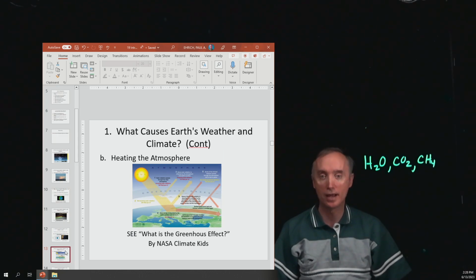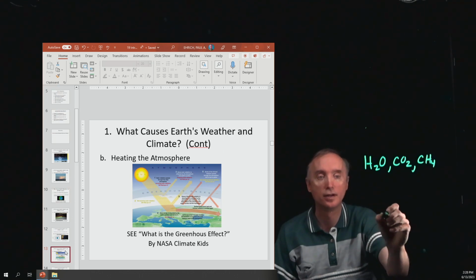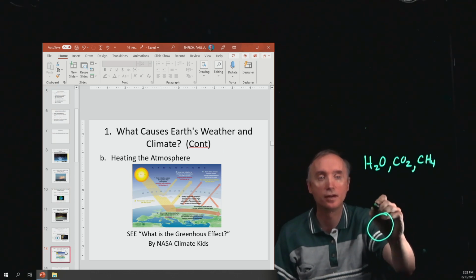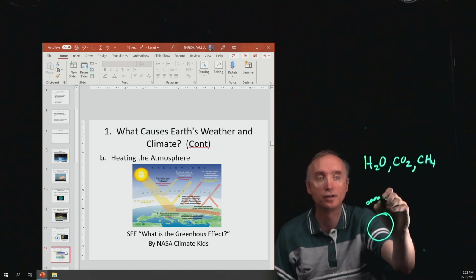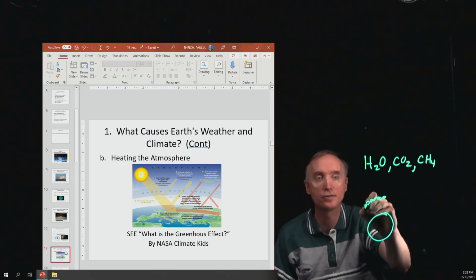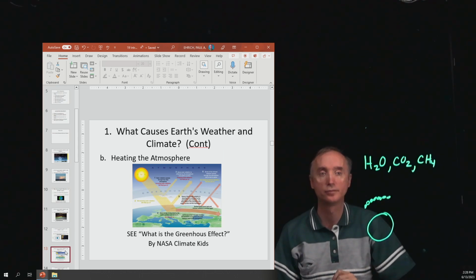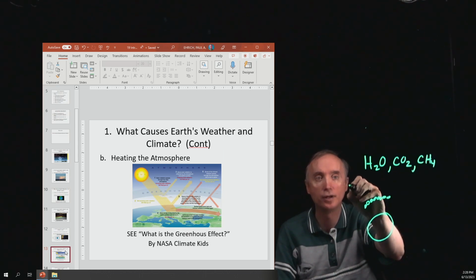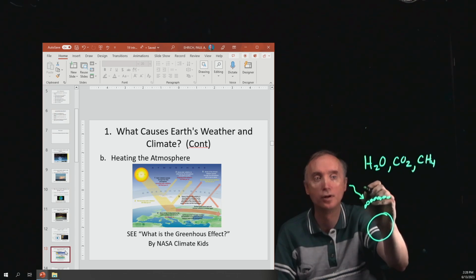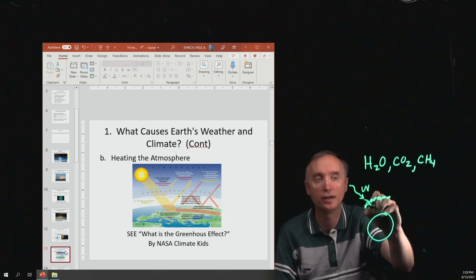They act like a blanket. Here's the earth, and up in the troposphere you're going to have these greenhouse gases, so that incoming solar radiation, mostly ultraviolet, can penetrate.